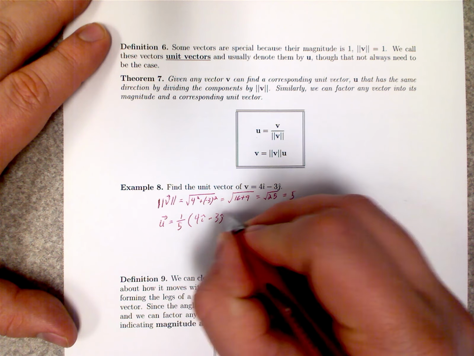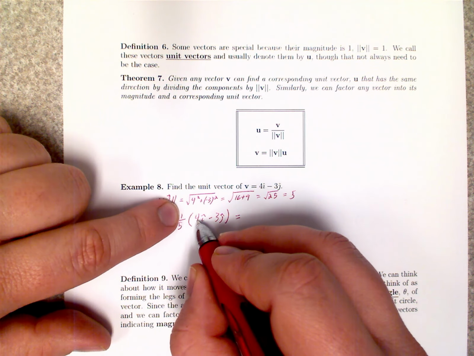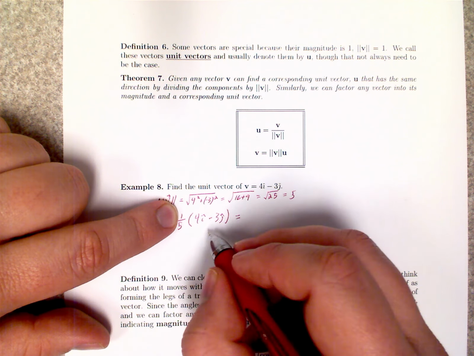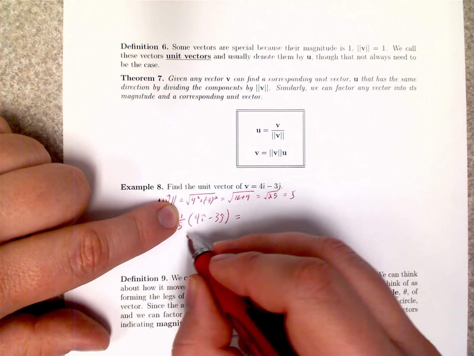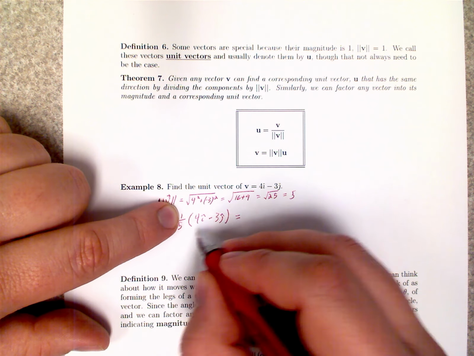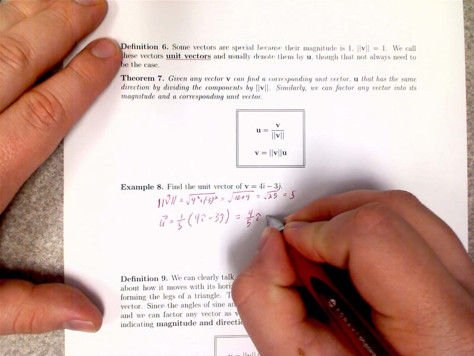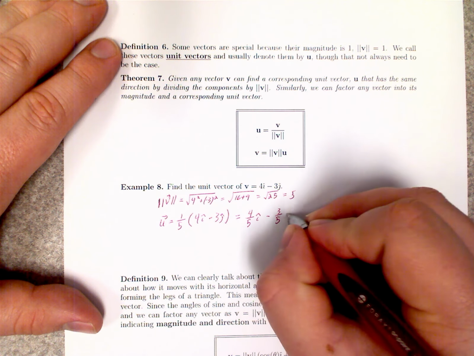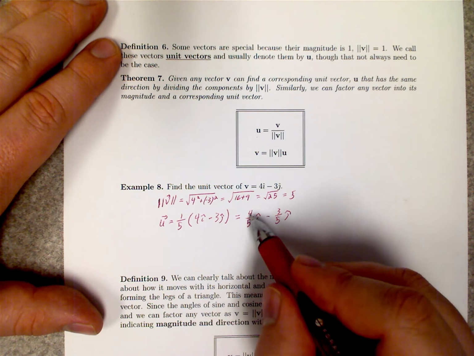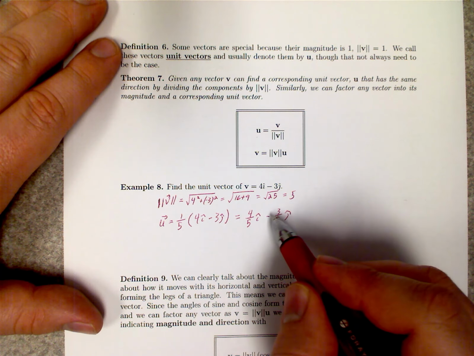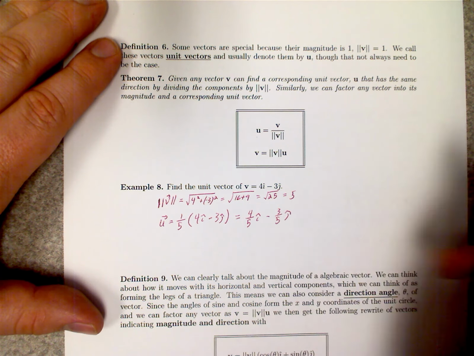Remember, a fraction times a whole number, you just multiply straight across the top. So 1/5 times 4 is 4/5. Negative 3 times 1/5 is negative 3/5. So we end up getting 4/5 i hat minus 3/5 j hat, and this is a unit vector.